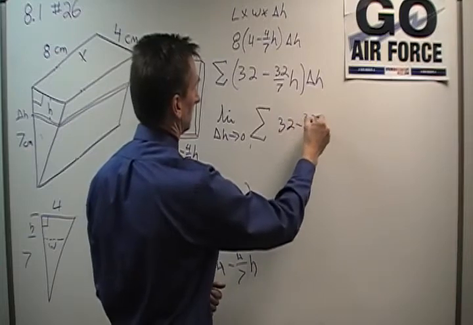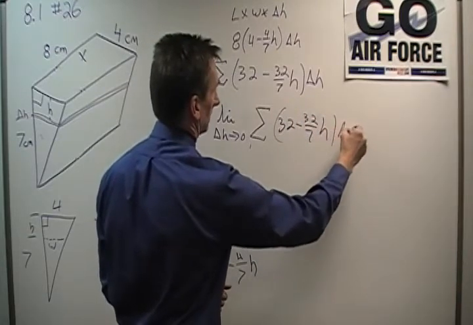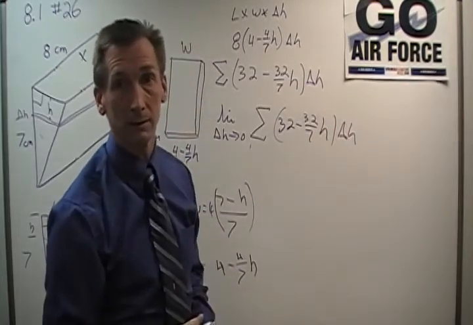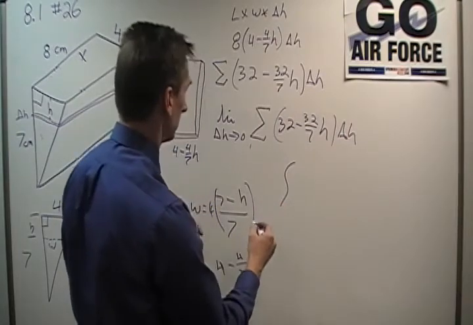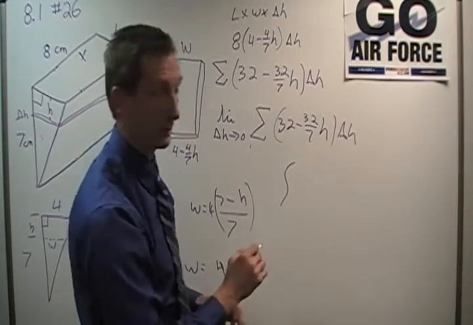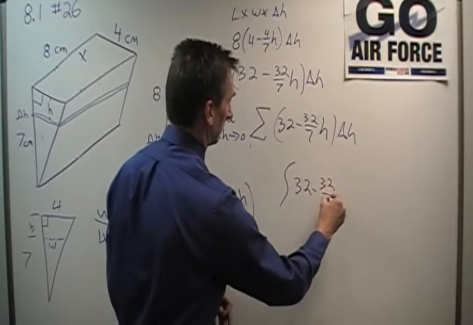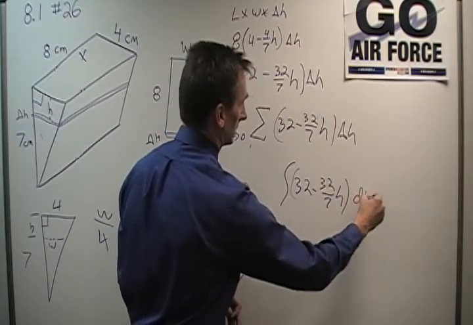32 minus 32/7 h times delta h. And the limit as it goes to 0, we all know that to be an integral. So we have the integral, and we'll get to the limits of integration in a second, of 32 minus 32/7 h dh.